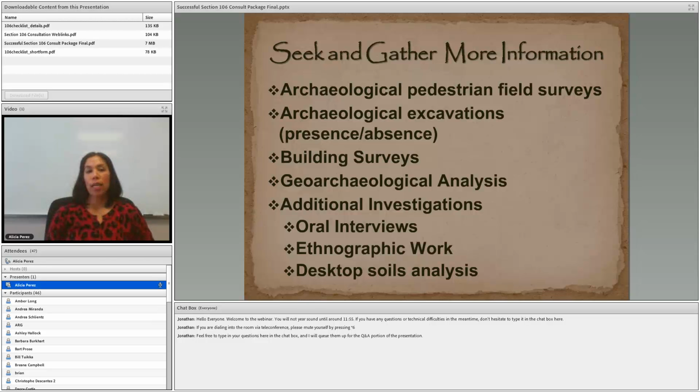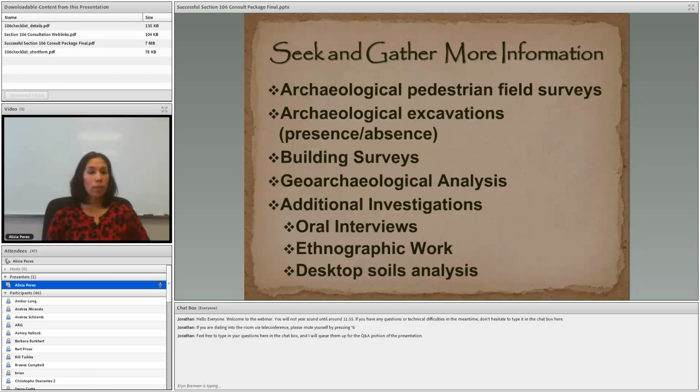So, other ways that an agency can seek and gather more information, these are just examples. Again, it depends on the undertaking and potential to affect historic properties. So archaeological pedestrian field surveys, archaeological excavations, and of course, building surveys. Our office does prefer that surveys, both archaeological and building, are no more than 5 years old.